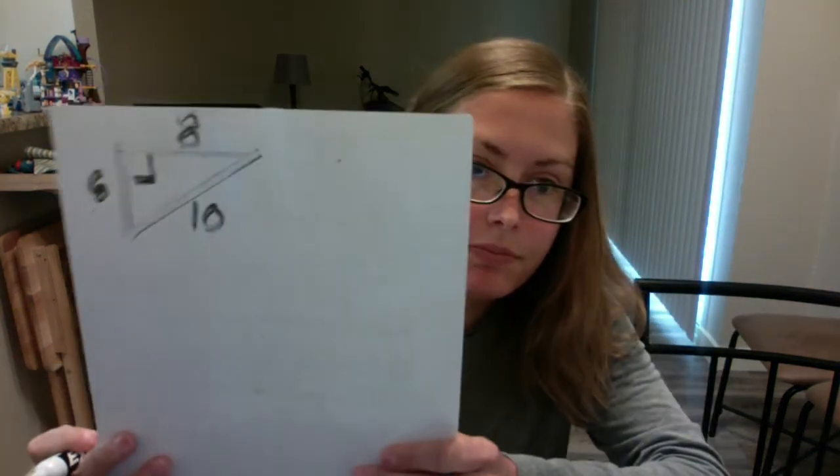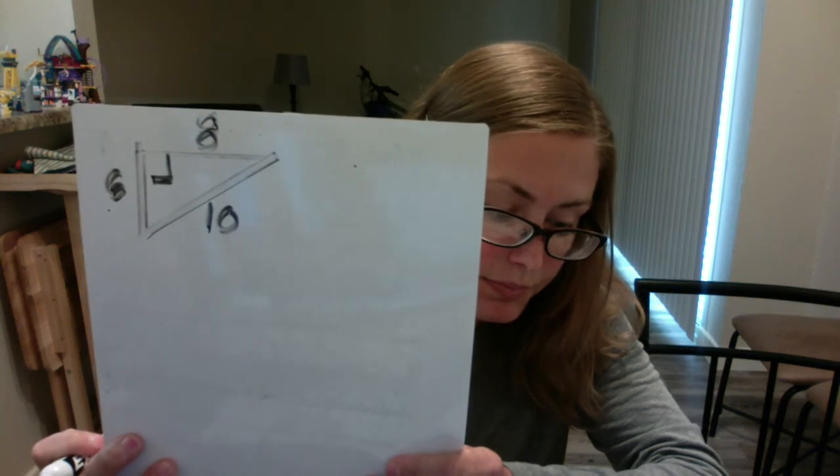Next one, we have our shape. First, we need to find the triangle within our shape. The triangle within our shape is 8 by 6 by 10 right triangle. So our surface area is equal to our lateral area plus 2 times our base.